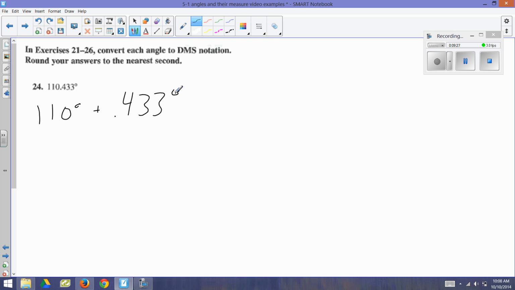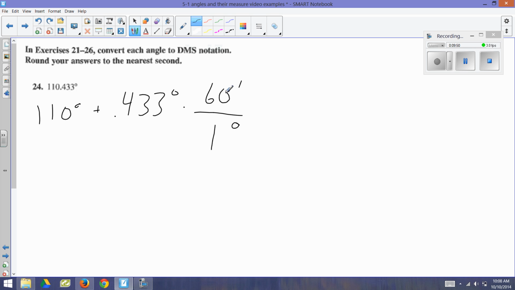So I'm going to convert that. When I convert it, I need degrees on the top, minutes on the bottom: 1 degree, 60 minutes. So you pick up your calculator and 0.433 times 60, and you'll get 25.98.